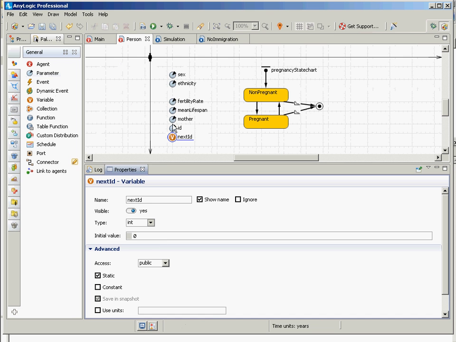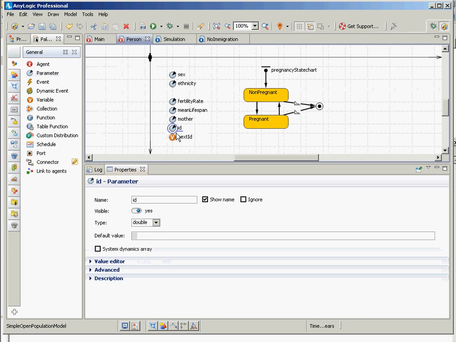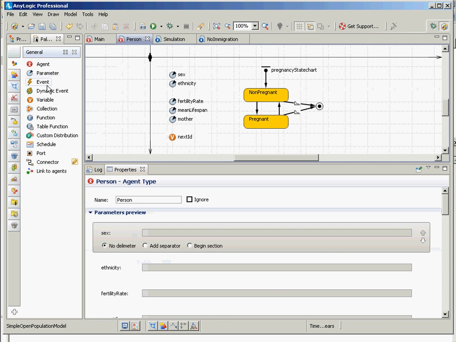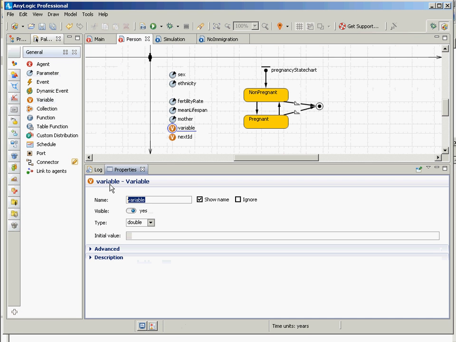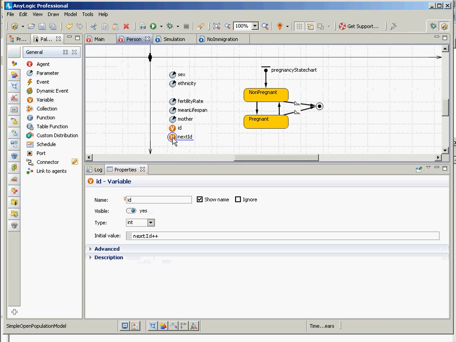Now, their ID, I'm actually going to make it not a parameter. I'm going to make it a value, for a reason. It's going to be given by next ID plus plus. What I'm saying here is their ID is going to be whatever the next ID is that's available right now.